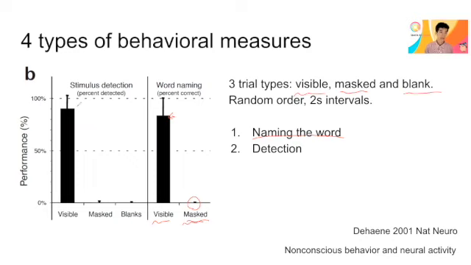They would say yes, I saw the word, 90% of the time in the visible situation, but almost 0% for the masked and blank situations. So this is 0% false alarm here, and this is 0% hit, in signal detection terminology.